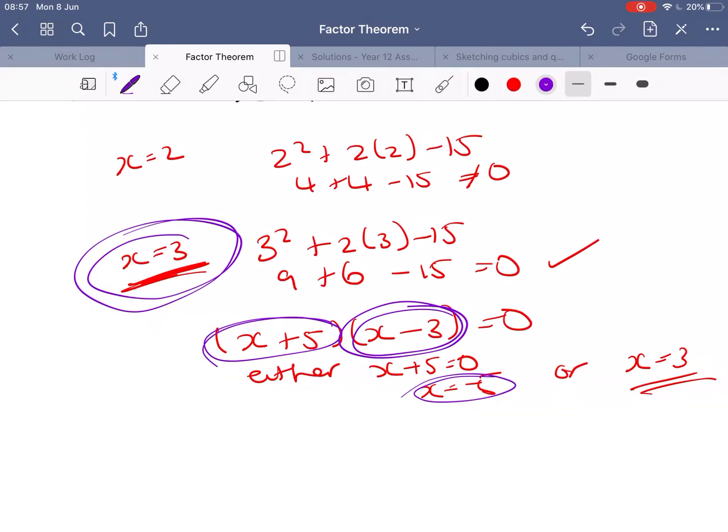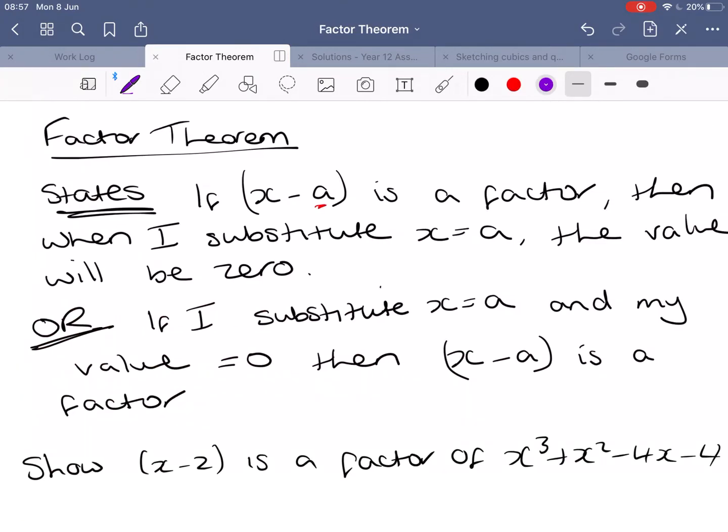So you have this link, and that's exactly what the factor theorem says. The factor theorem says if I have x minus a, where a is a number, if that is a factor, then x equals a is a solution, and vice versa. If x equals a is a solution, x minus a is a factor.